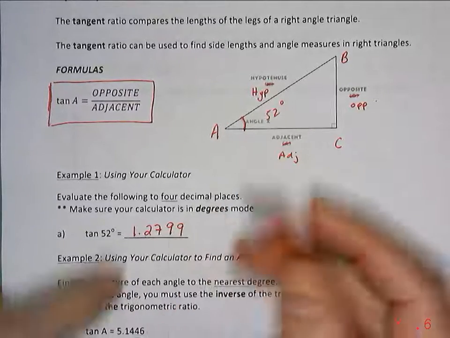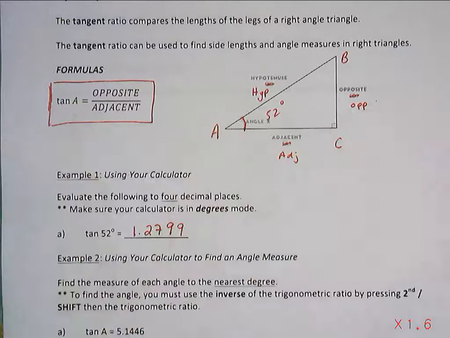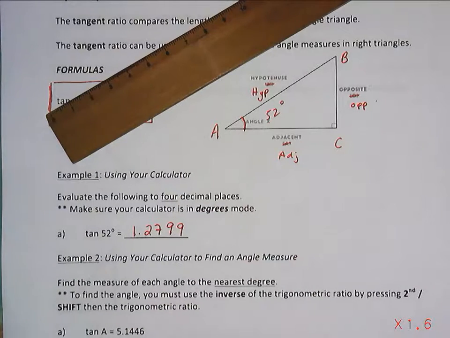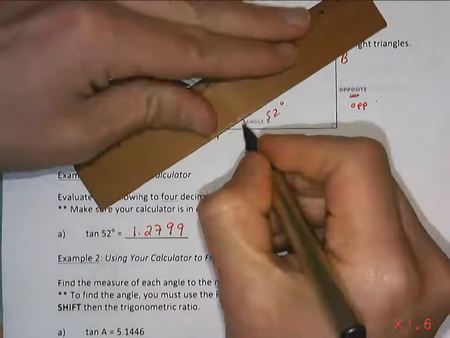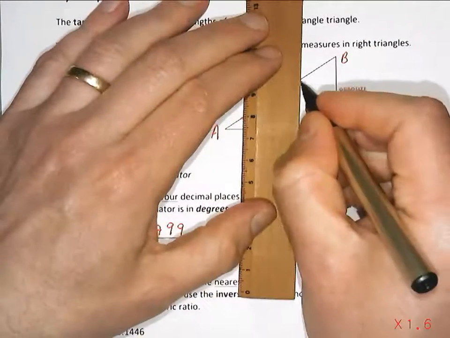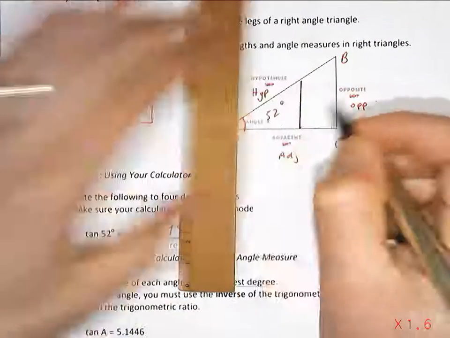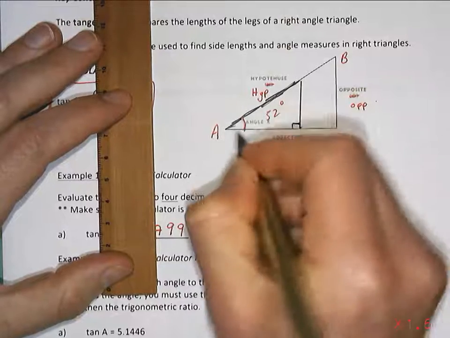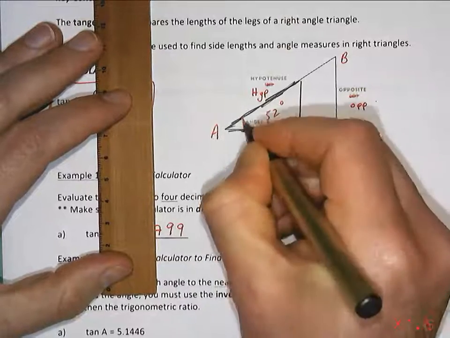Now remember, that 52 degrees could be a different sized triangle. I'm going to draw on top of this triangle now. Let's see if you can see what's going on. I'm going to keep that 52. I could have dropped this opposite to be here. Now the triangle that I'm talking about is this triangle now. The angle's still 52.